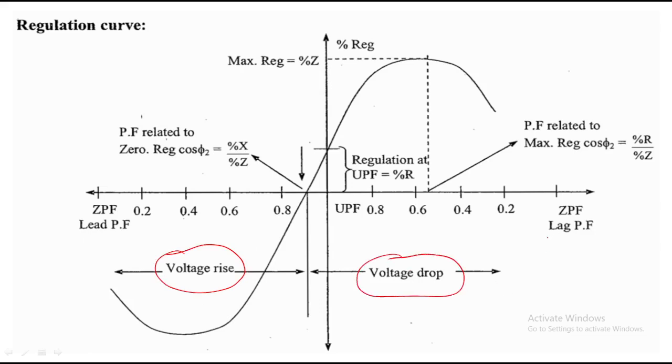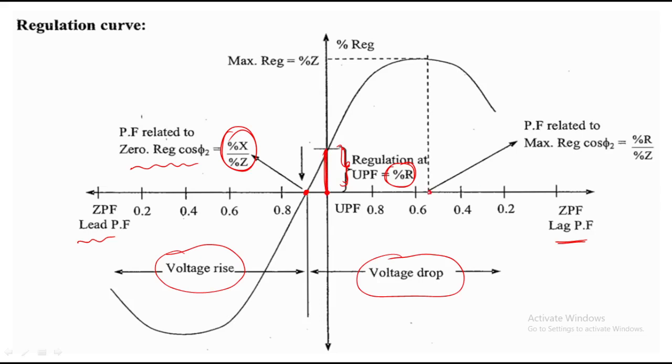We all know that. During lagging condition, we are going to get maximum voltage regulation, and during leading condition, we are going to get minimum voltage regulation. And this is the point where we get zero voltage regulation, and this is the power factor, percentage X by percentage Z. And voltage regulation at UPF is nothing but percentage R. That's why a finite amount of voltage regulation is possible at UPF.